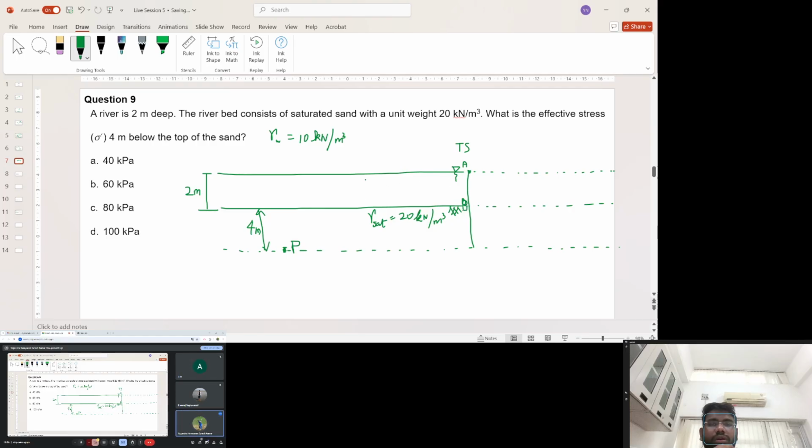And at point B, it will be 20 kPa, the pressure due to the water column, which is 10 into 2, right? Now at 4 meters, this 20 will continue and further it is 4.